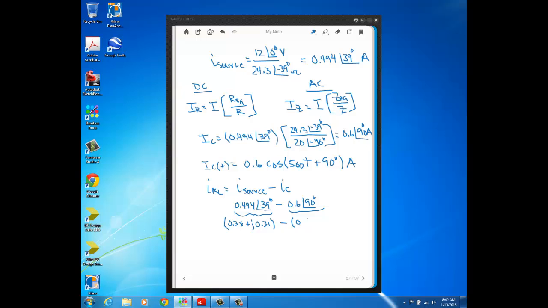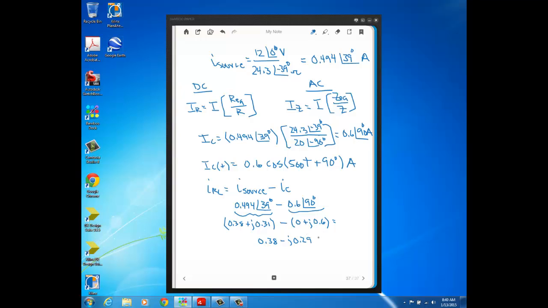And for the capacitor current, the real part would be 0 because of cosine 90, and the imaginary part is just going to be j 0.6 because we got sine 90, which is 1. Okay, so now we just go ahead and combine these, and we get a real part of 0.38 and an imaginary part of minus j 0.29.